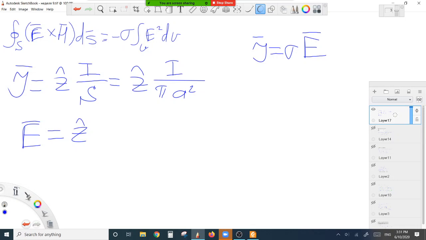J in our case is I over pi a squared, so E is equal to I over sigma pi a squared, and is in volt per meter.